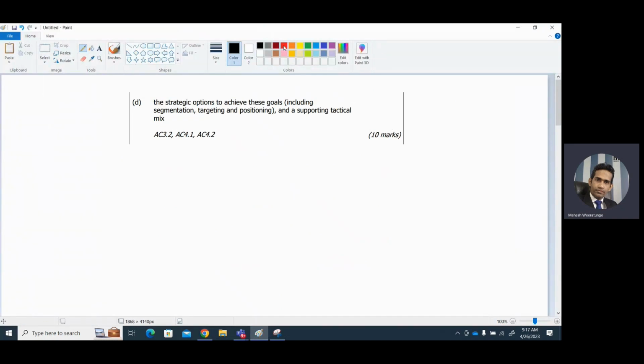So in this question, if I read with you all, the strategic options. You need to look at the strategic options. There are so many strategies available to achieve maybe the same objective. To achieve the same objective, you might have multiple strategies. Let's say, as an example, you have one objective, but you have strategy 1, strategy 2, strategy 3, you may have strategy 4, strategy 5.